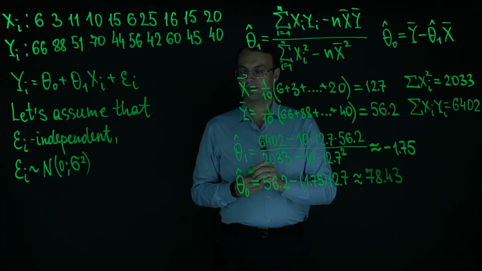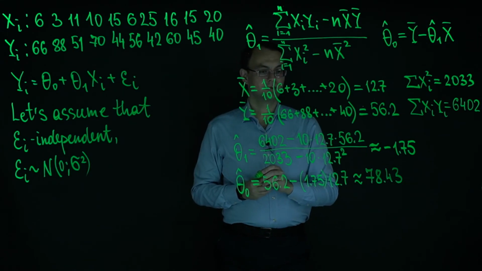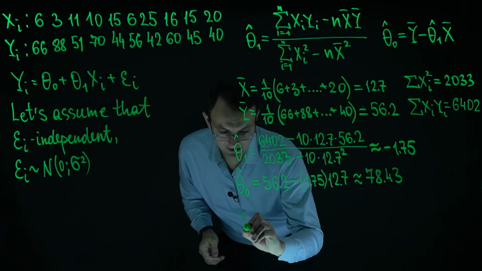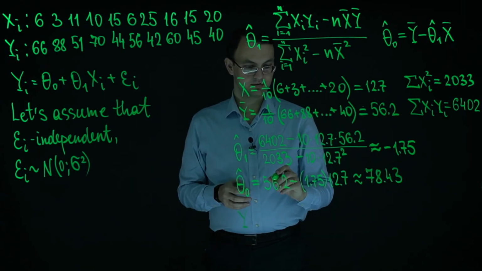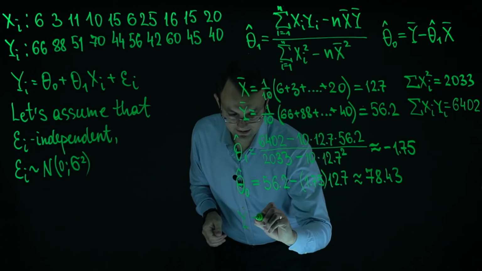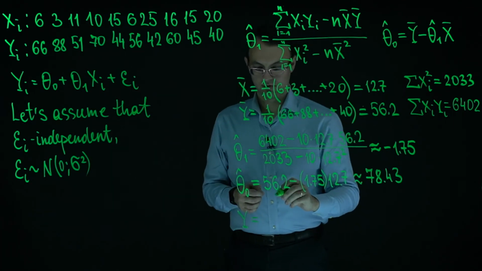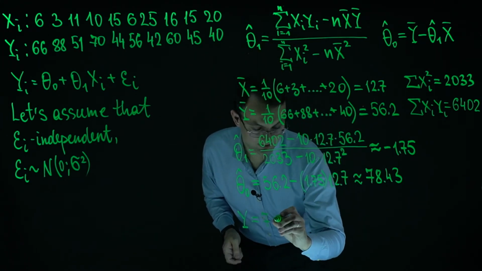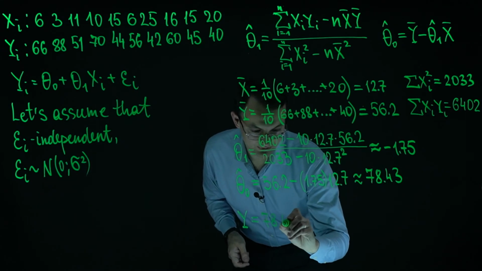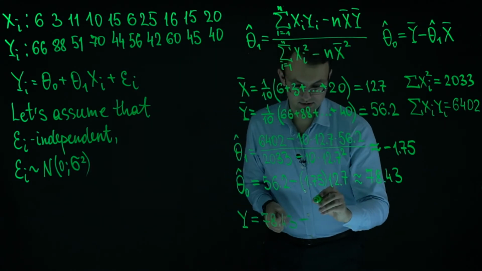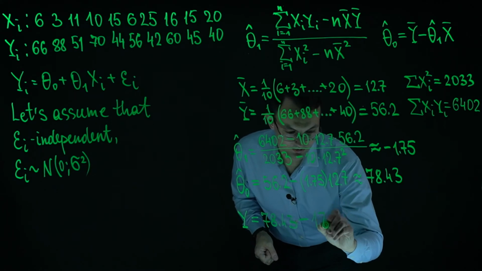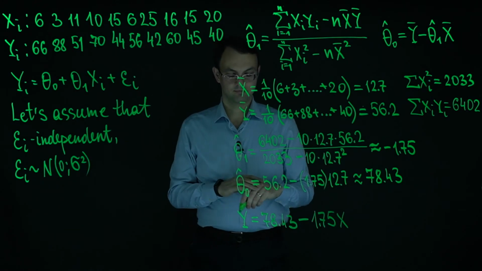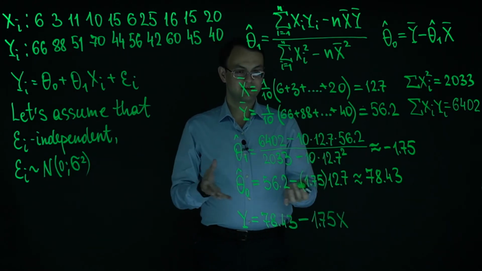So finally, our regression model is that y is equal to 78.43 minus 1.75x. So this is our model.